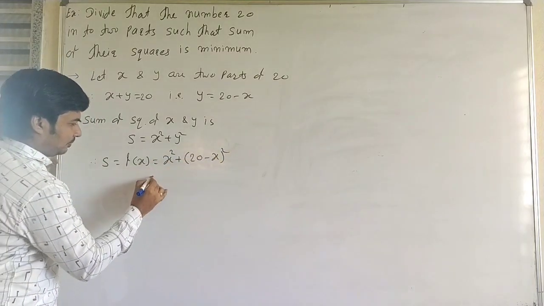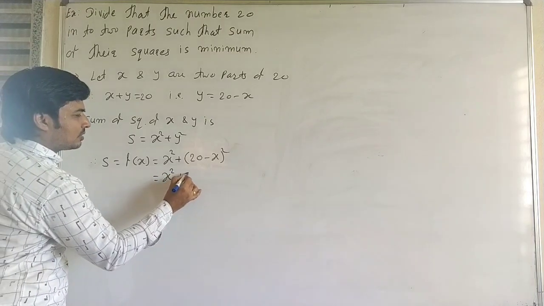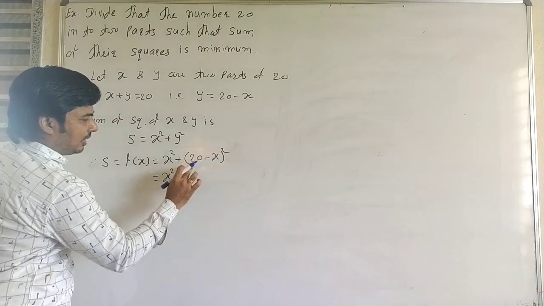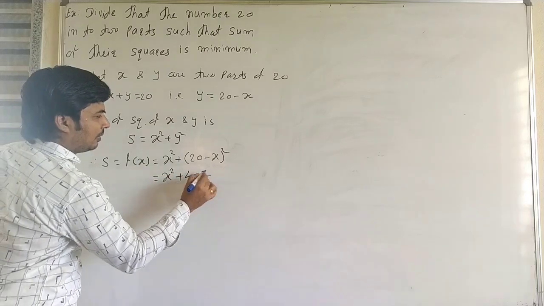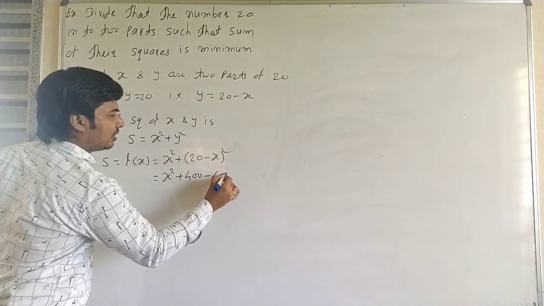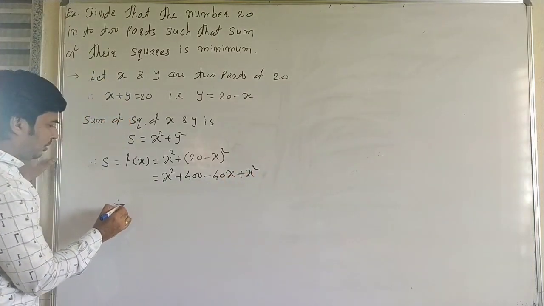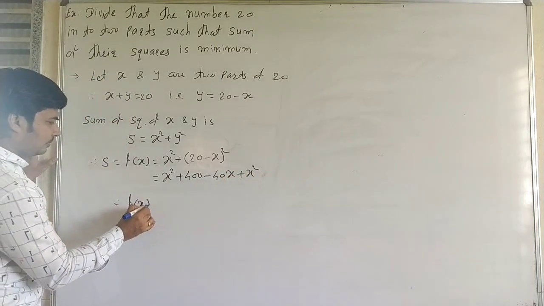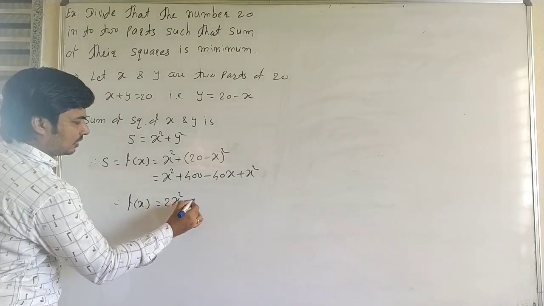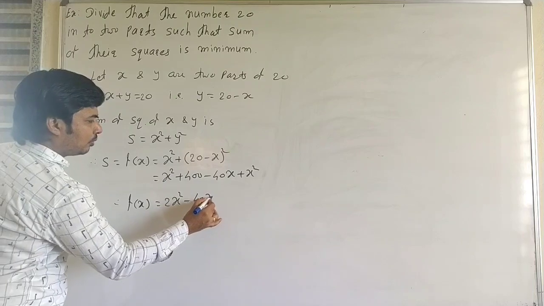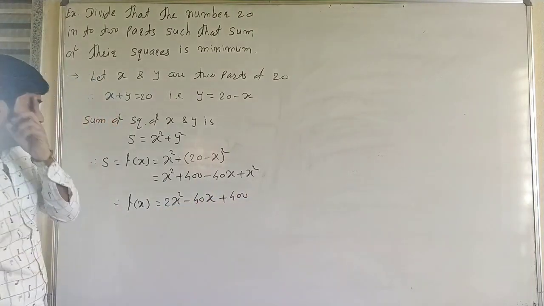Now calculate this. x square plus 20 minus x whole square is 400 minus 40x plus x square. Therefore f of x is equal to 2x square minus 40x plus 400. Now it is f of x.